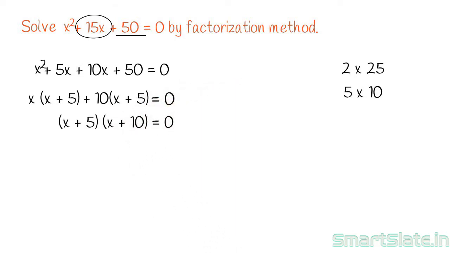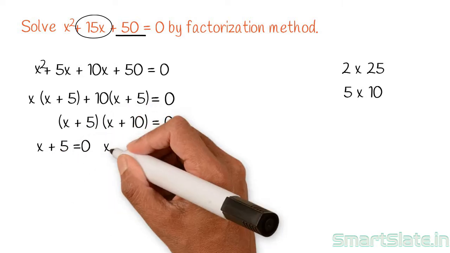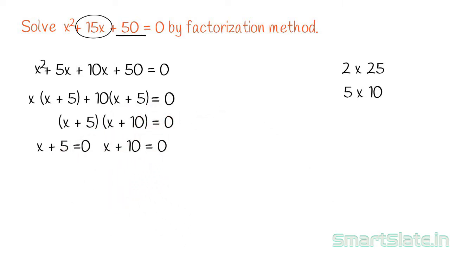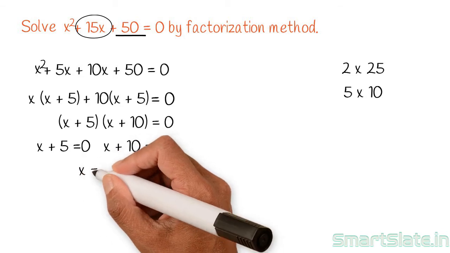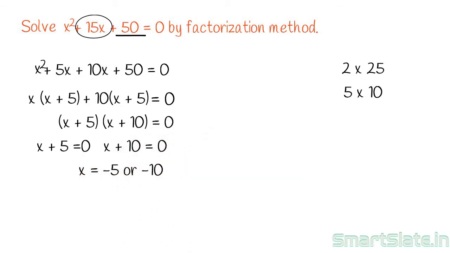Since this is a product of two terms which is equal to 0, either of the terms must be equal to 0. Hence, x plus 5 equal to 0, x plus 10 equal to 0. Hence, x is minus 5 or minus 10. As I mentioned before, validate the answer by substituting the root values back into the equation.